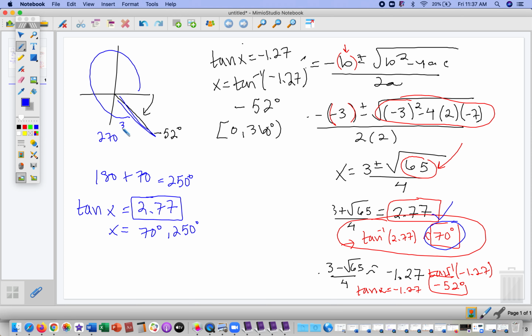So 38. And then we can say 270 plus 38, so we'll get 308. So for tan x equal to negative 1.27, we found that one spot is at 270 plus 38, which is 308.